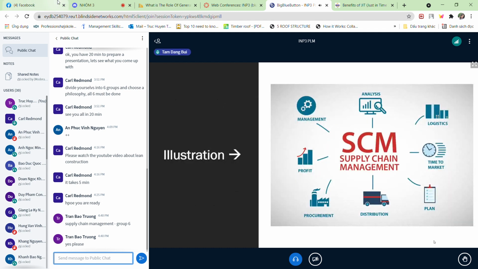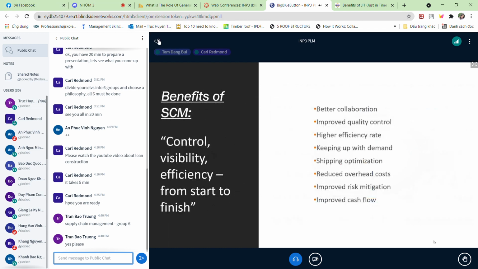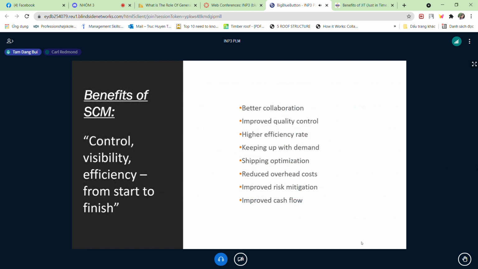And here is an illustration that simplifies things for you. The analysis, the logistics, the time to market, the plan, the distribution, procurement, and profit management. All of these are parts of supply chain management. The benefits are better collaboration and improved quality control.